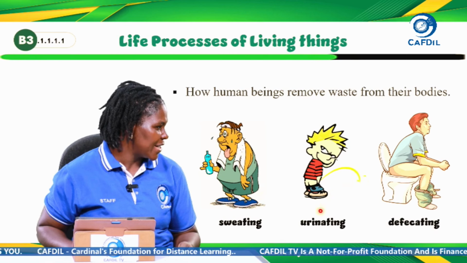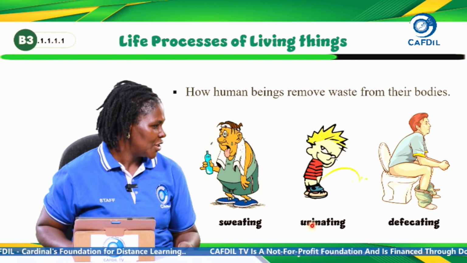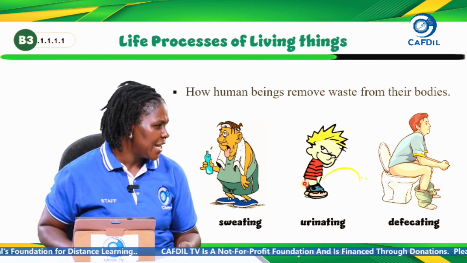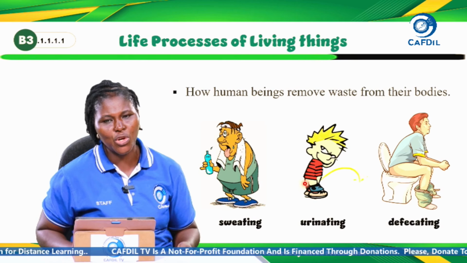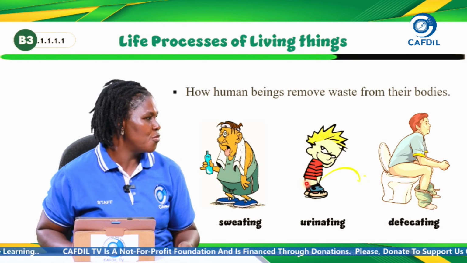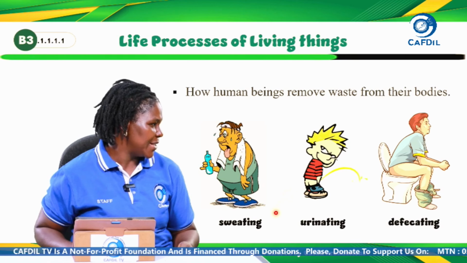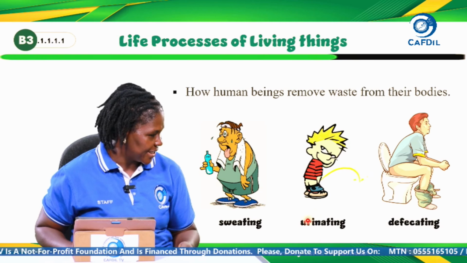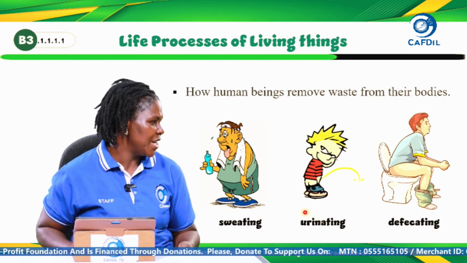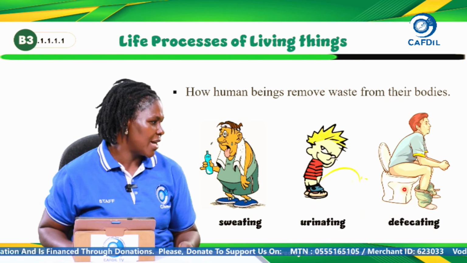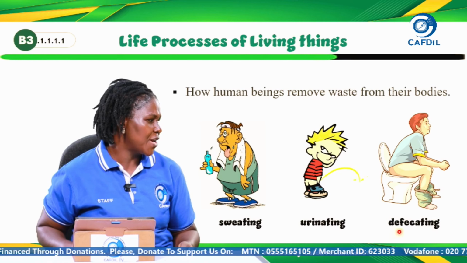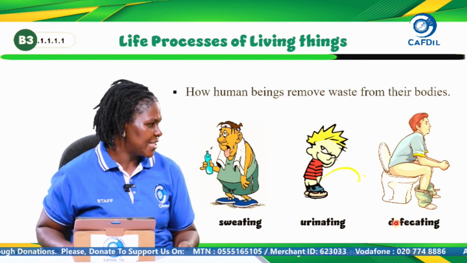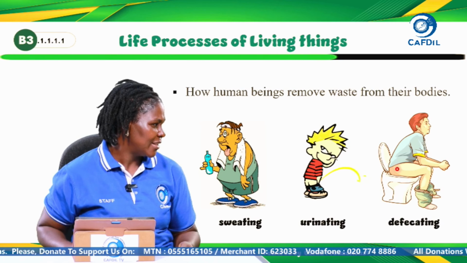The next one is urinating. The urine is not good for the body, so it should come out. So we remove waste from our body when we urinate. And the third one is defecating. You see the man.